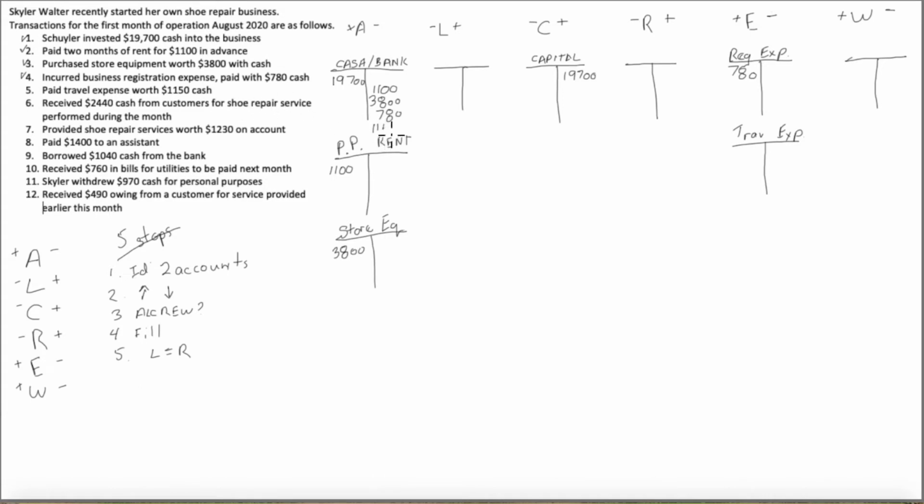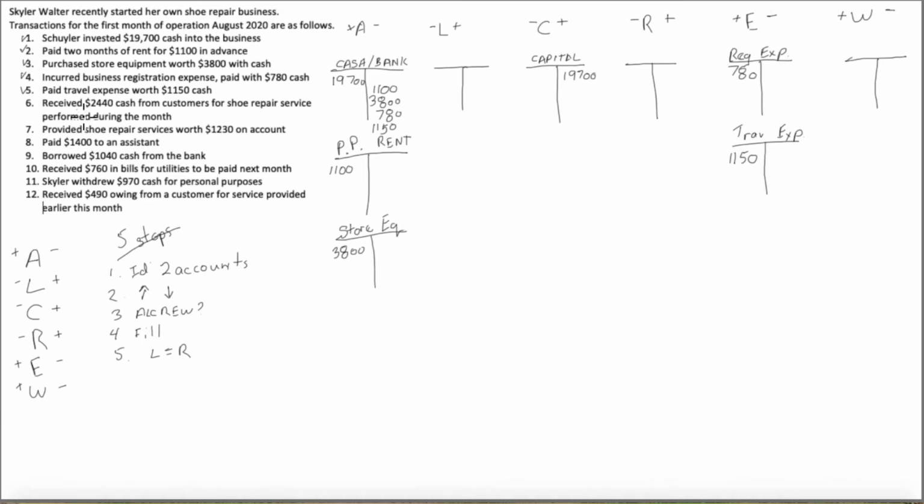It went down because we paid for something. And left to right hand side, well, we know left has to equal right, so this is the right, so this needs to be the left. So travel expense went up because, again, plus side, $1,150. All right, let's keep moving on. Check.